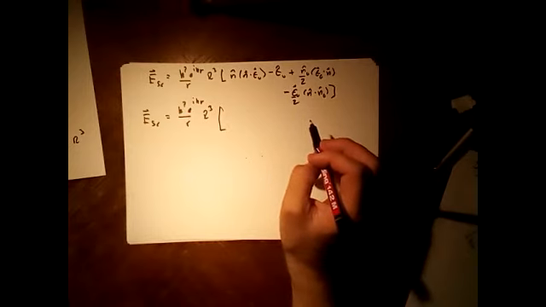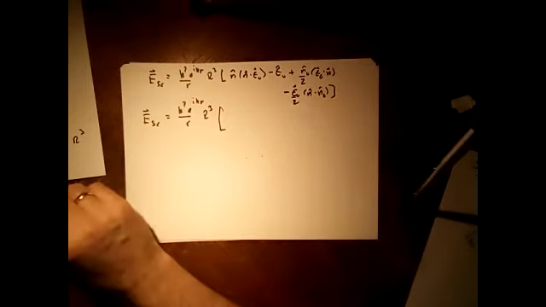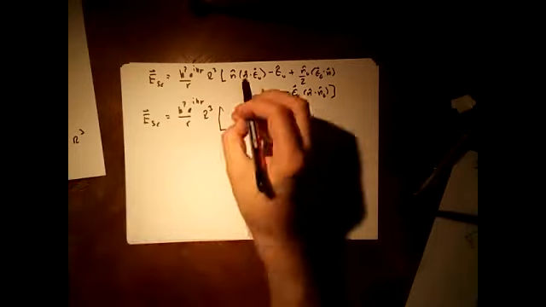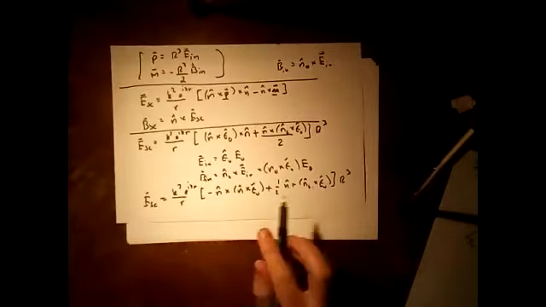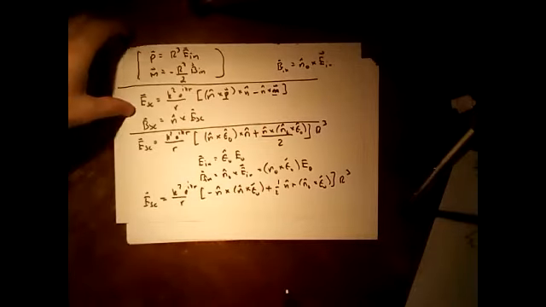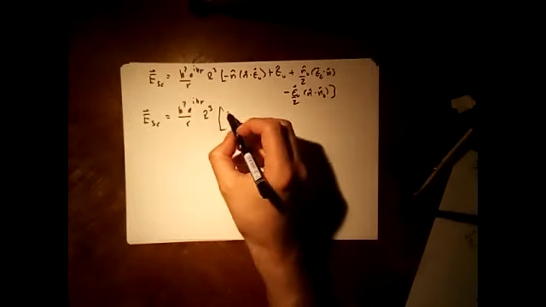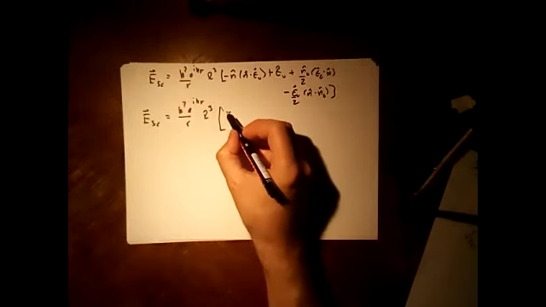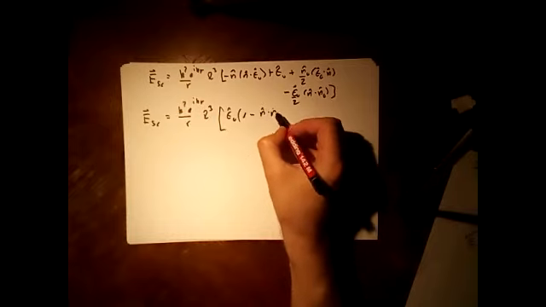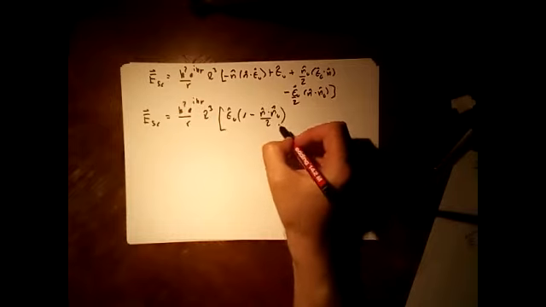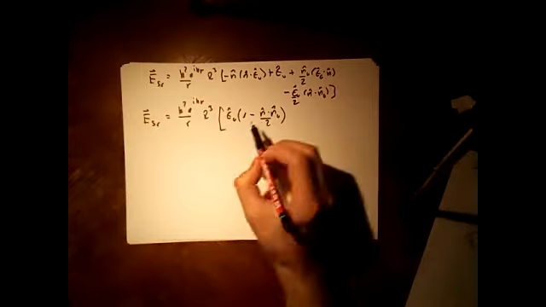Sorry, this is minus, this is plus. Apologies, because I put a minus sign here. So I'm going to have here epsilon 0, 1 minus n dot n0 divided by 2. Okay, so that's the start.